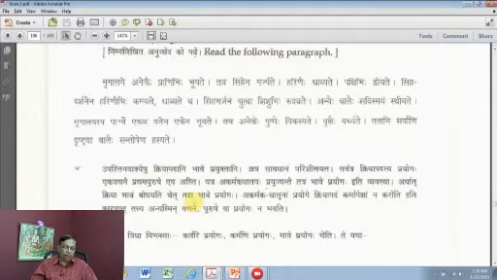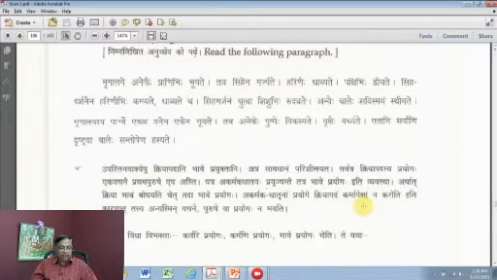Akarmaka dhatunam prayoge, in the usage of the intransitive verbs, kriyapadam karma apekshamna karoti. So in the usage of akarmaka intransitive verbs, the verb, karma apekshamna karoti, does not demand or require the object, because that is the meaning of akarmaka only, isn't it?